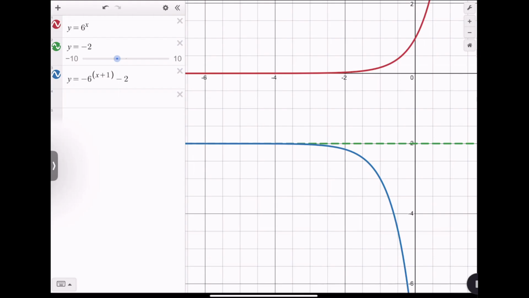Now, the question is, could that negative be a negative 2 or a negative 3 instead? Because those things could happen, right? So what you would do is now test some points on the blue line to see if it is off. Does that make sense?